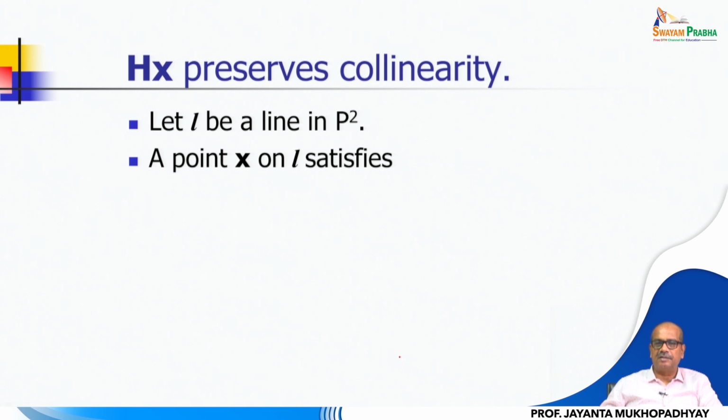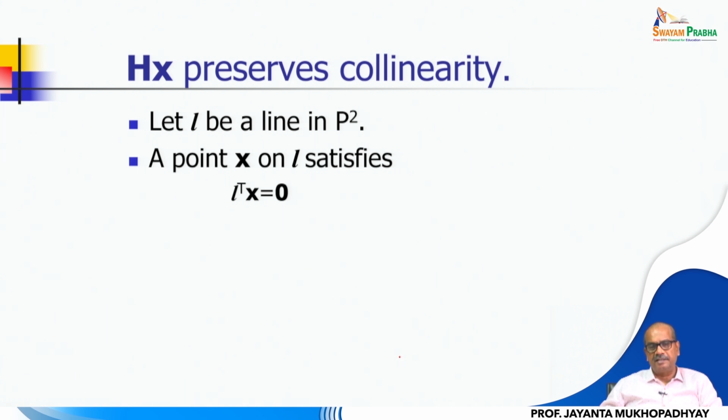Using the point containment relationship, x transpose L should be equal to 0, or L transpose x should be equal to 0. Now let us see what happens to those points in the transformed space. Whichever points satisfy these relationships in the original space, what happens to them in the transformed space?